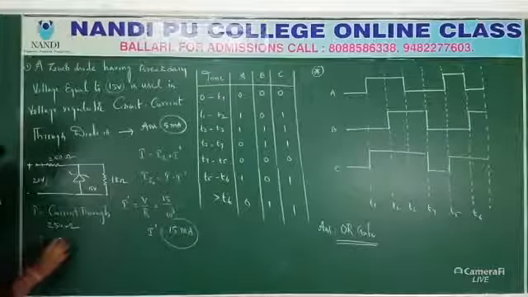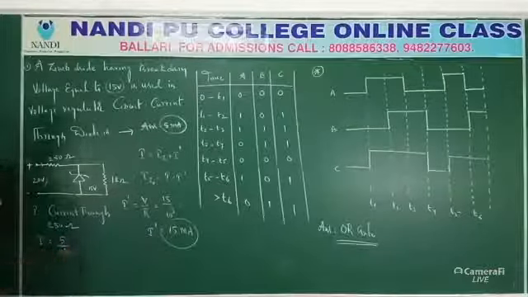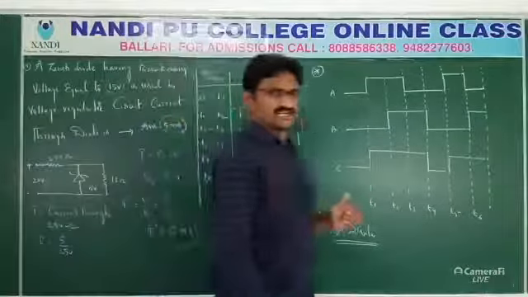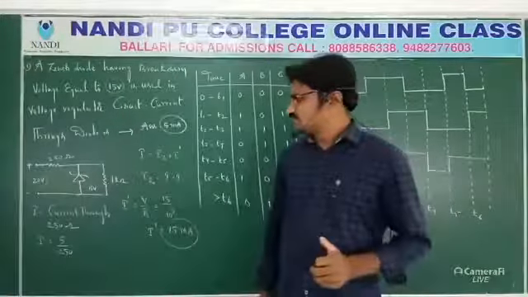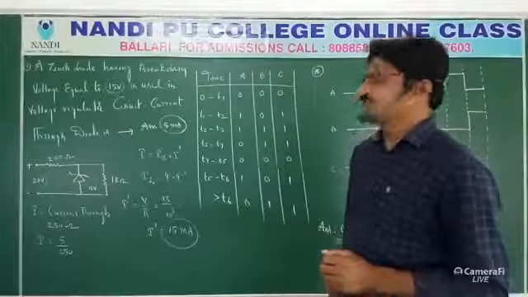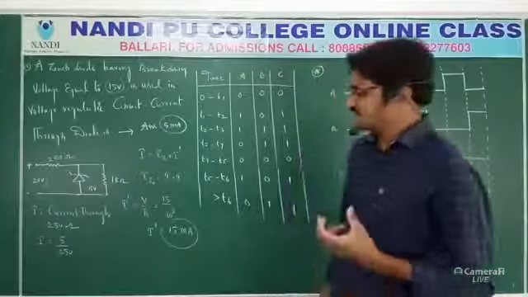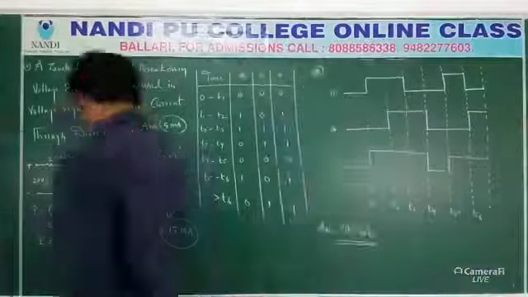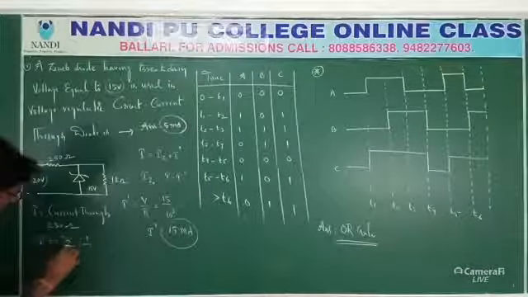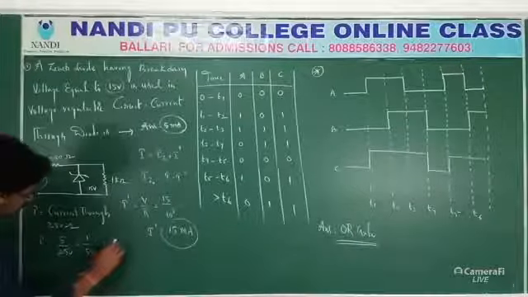So I is equal to the net potential 5 divided by the resistance 250. The input potential difference is 20 volts, the Zener breakdown is 15 volts, so the net potential difference here is 5. 5 by 250: on simplification, 5 ones are 5, 5 fives are 25, that is 0.02.